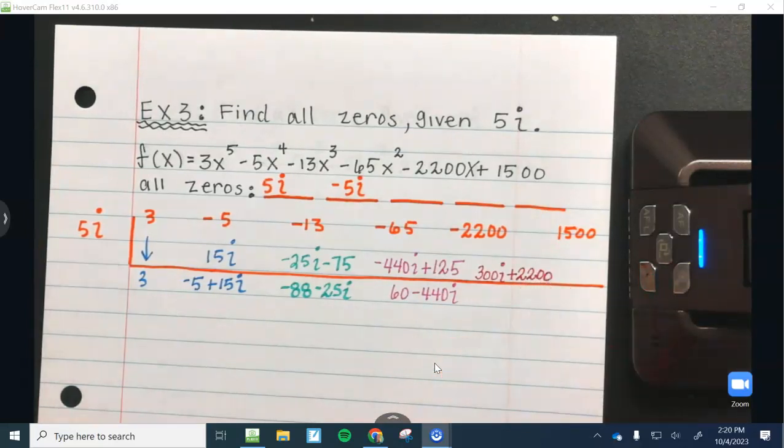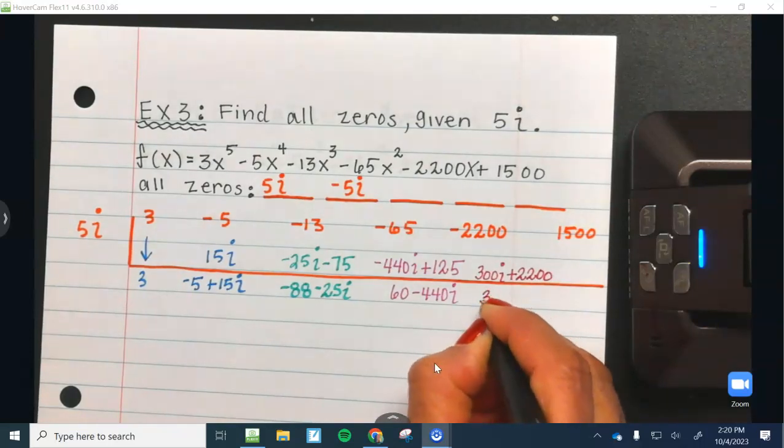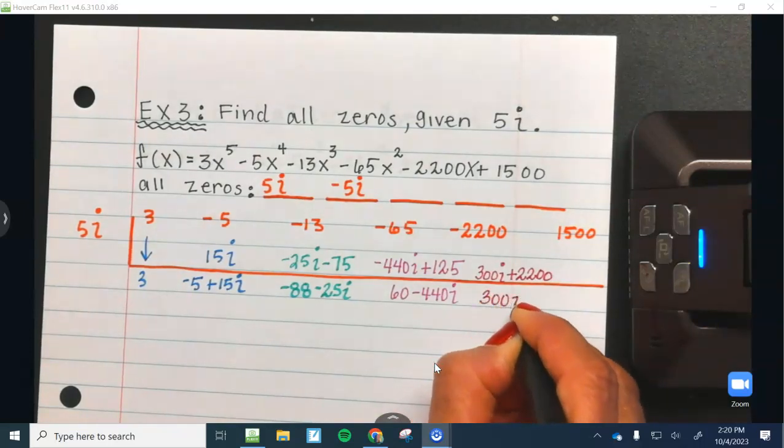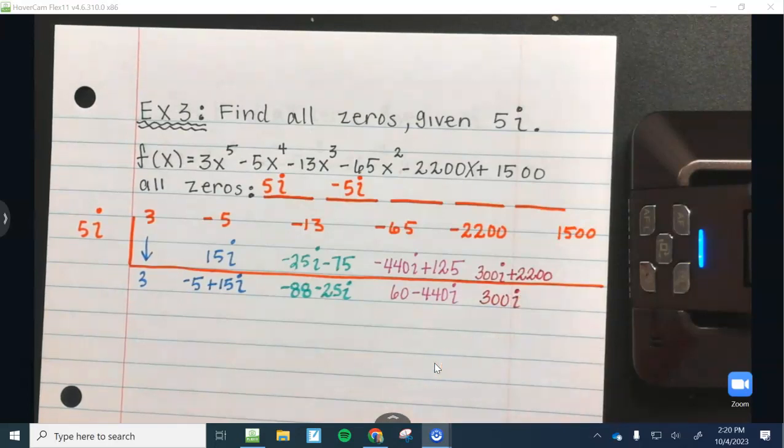Ooh, look what happens. The 2200s cancel out. Let's bring down 300i. Y'all, what's 5i times 300i? Yes. Negative 1500. Wonderful.